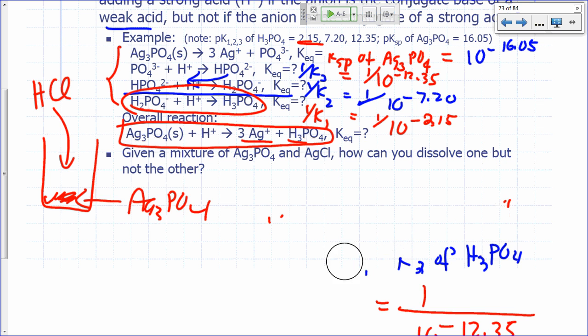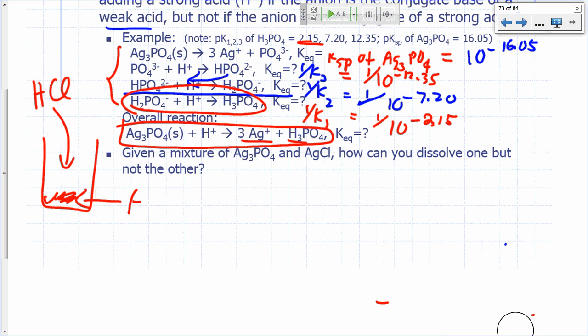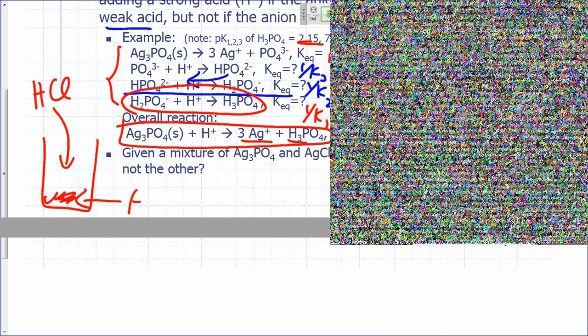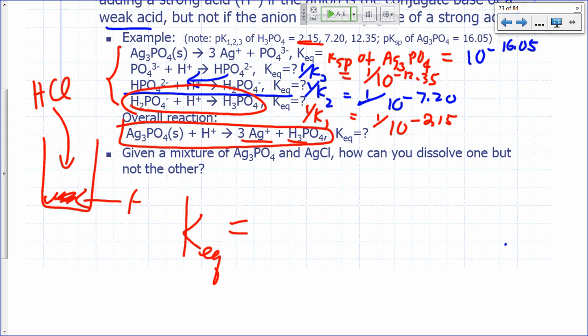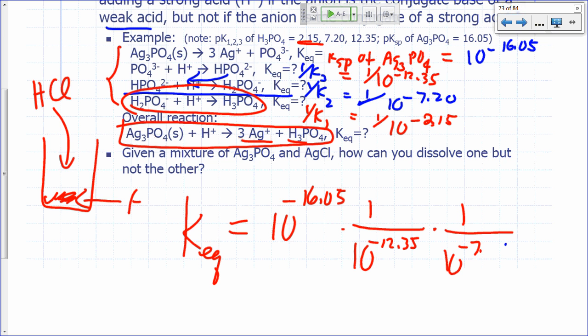For the overall reaction, your KEQ is equal to the product of these 4. So 10 to the negative 16.05 times 1 over 10 to the negative 12.35 times 1 over 10 to the negative 7.20 times 1 over 10 to the negative 2.15.